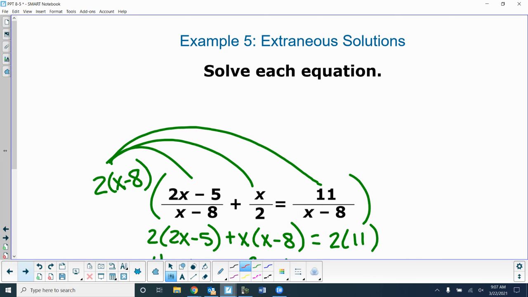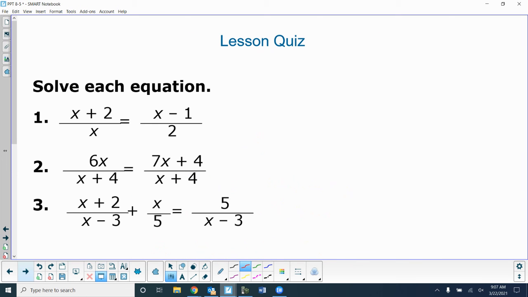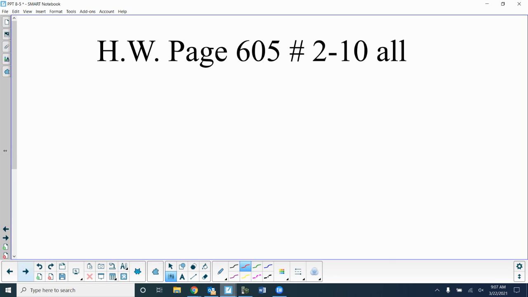So solving these rational equations, we're going to find common denominators so that we can get rid of those fractions to start. Okay? So that's your assignment, not too many. Look, always check, remember, in case you have a solution that's not a good one, an extraneous solution. Thanks for your attention today.